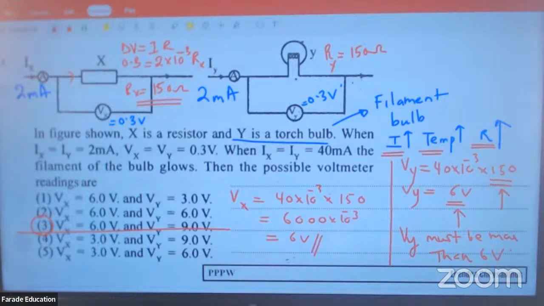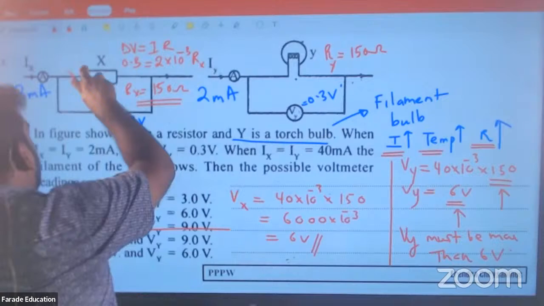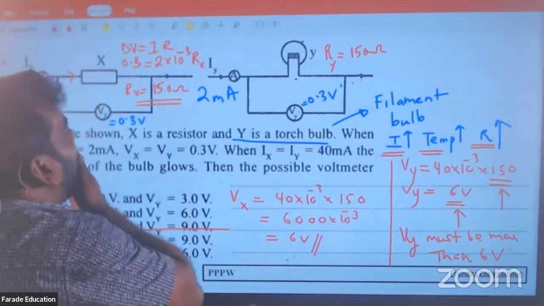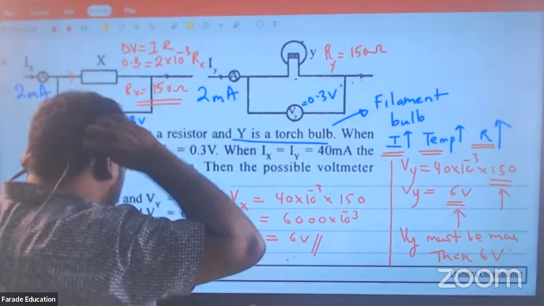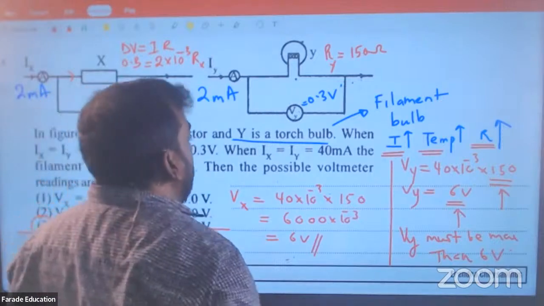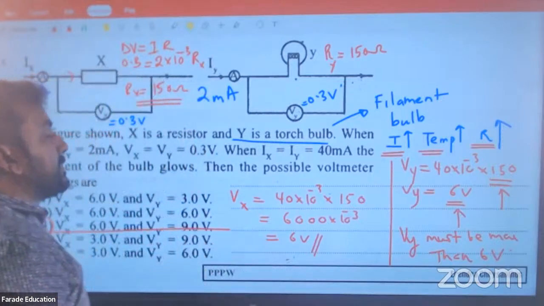It's more than 6 volt right there. In a resistor, we can assume that the resistance remains the same.